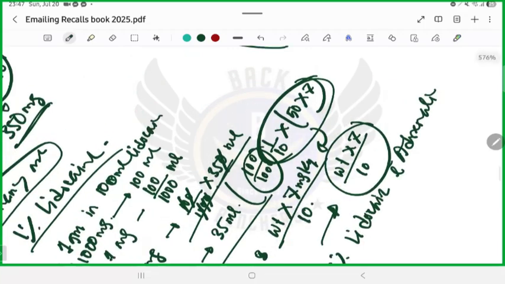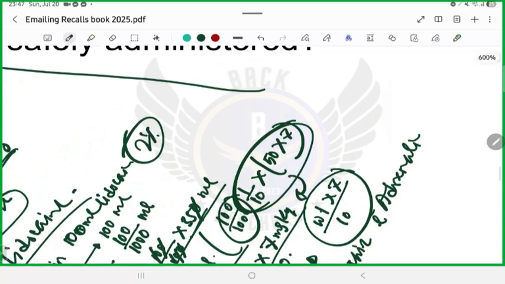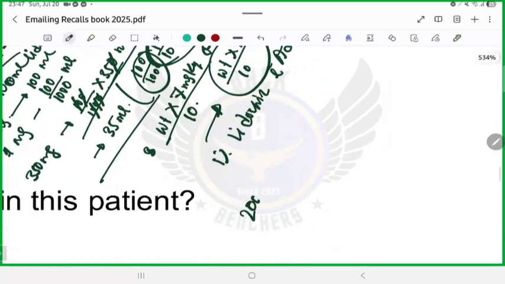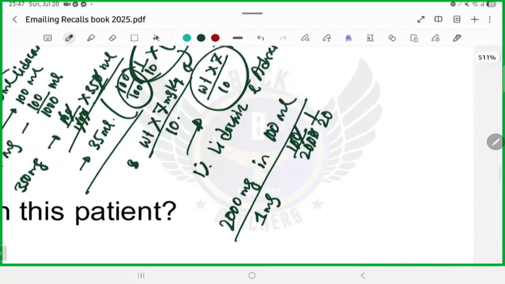Okay, so if they said 2% lidocaine, that means 2000 milligram in 100 ml. So 1 milligram would be in 100 by 2000. Simple. So we would have 1 by 20. Okay.